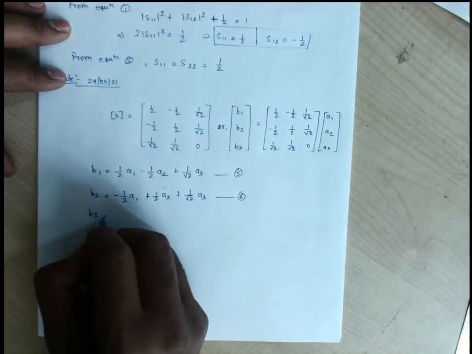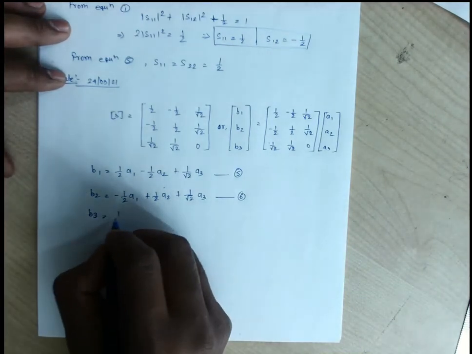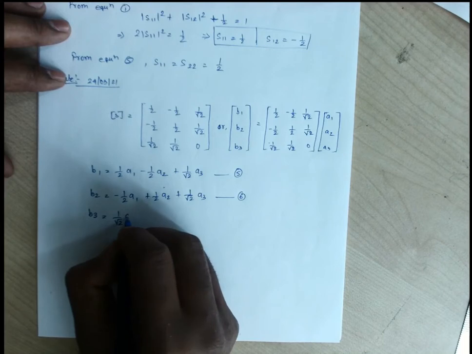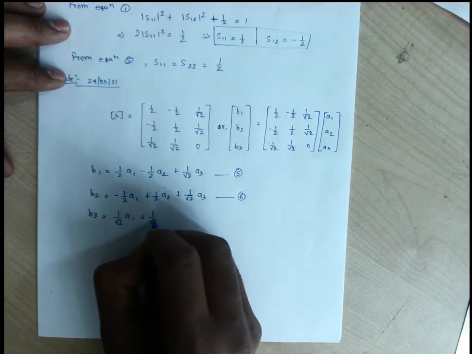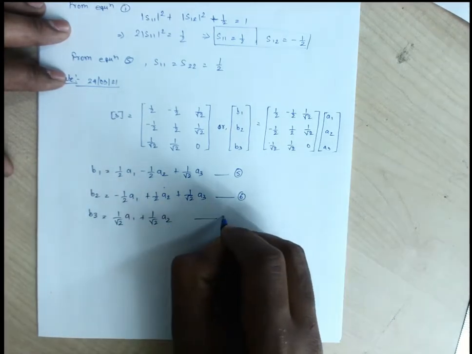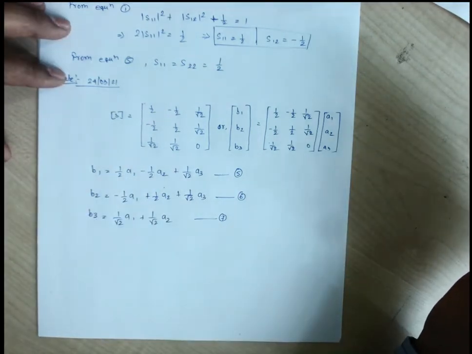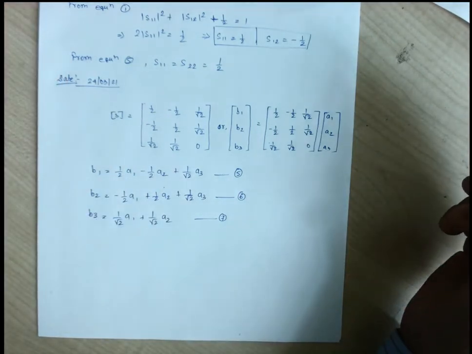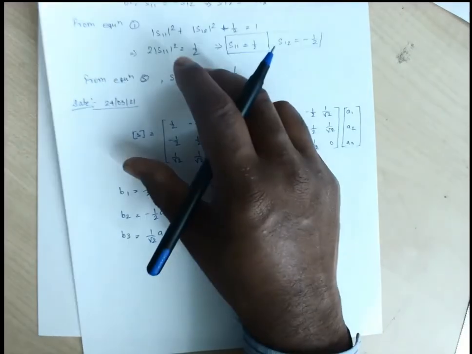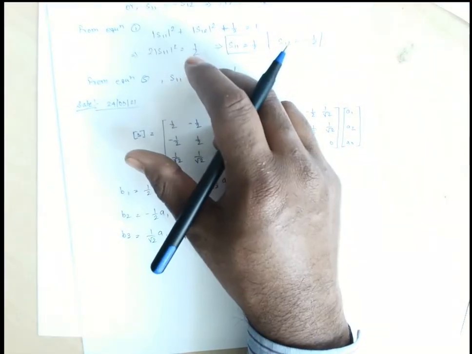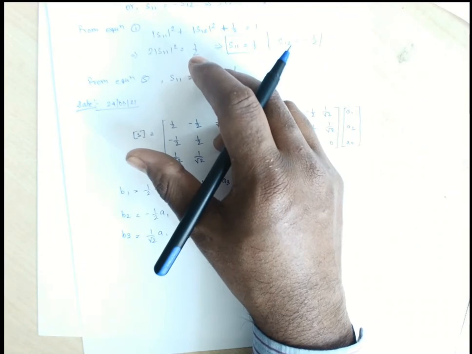What will be this B3? It is 1 by root 2 A1 plus 1 by root 2 A2. So these are the relations between the reflected signal and the transmitted or incoming signal in the different ports.